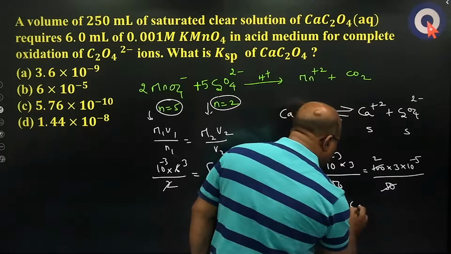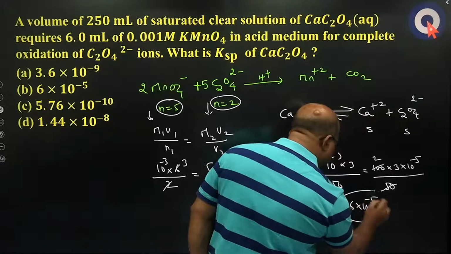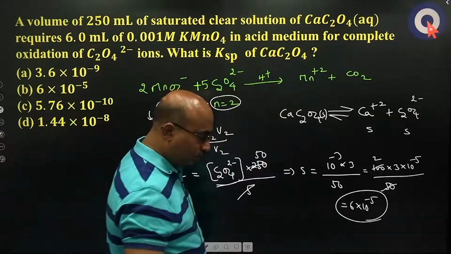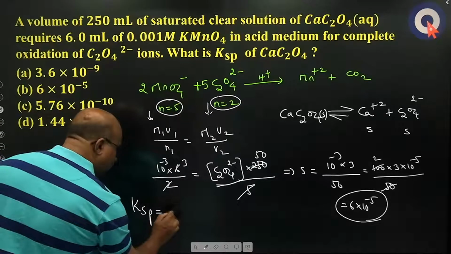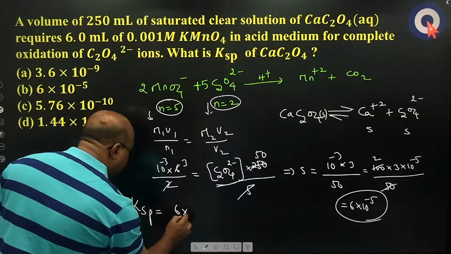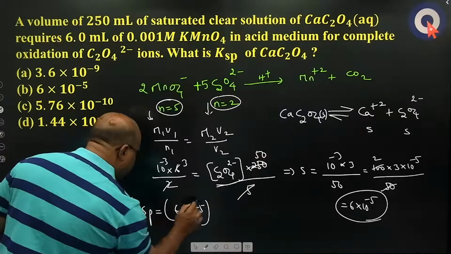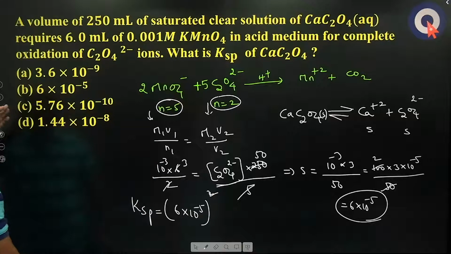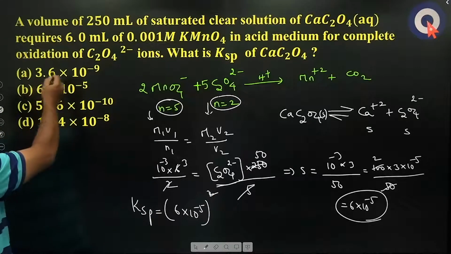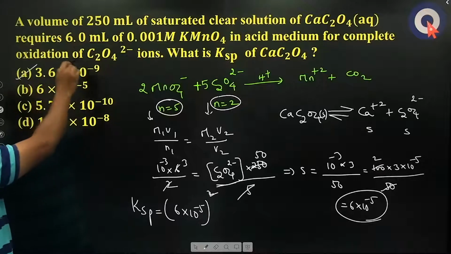So 6 into 10 to the power of -5. That is S. So what is Ksp? Ksp is nothing but S square, that is, 6 into 10 to the power of -5 whole square. That comes out as 36 into 10 to the power of -10. But as the given values are 3.6, so this is our option.